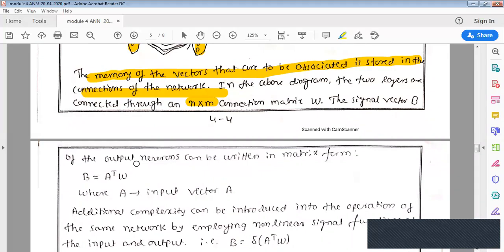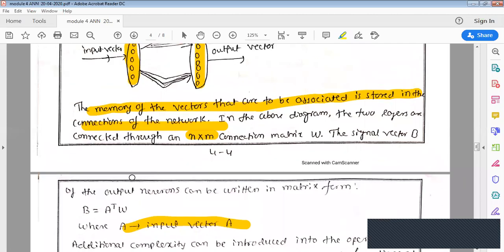Because A is a row vector and B is also a row vector, and W is also treated like a row vector. Two row vectors cannot be multiplied. Therefore, convert one of them to a column vector. That will give you A transpose W. Here A is the input vector, and W holds the weights which are associated with the neural network.